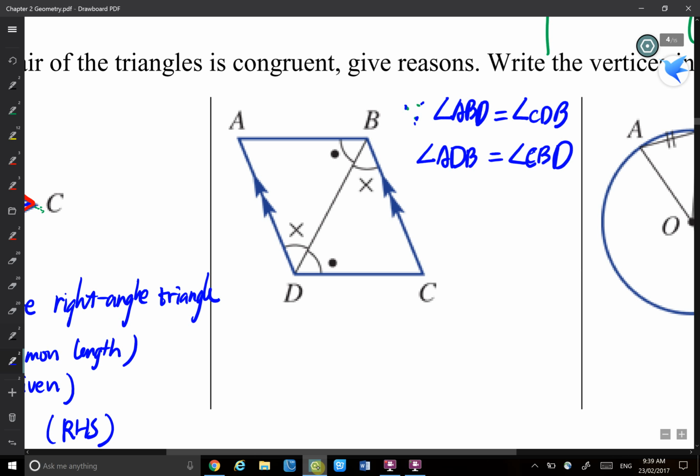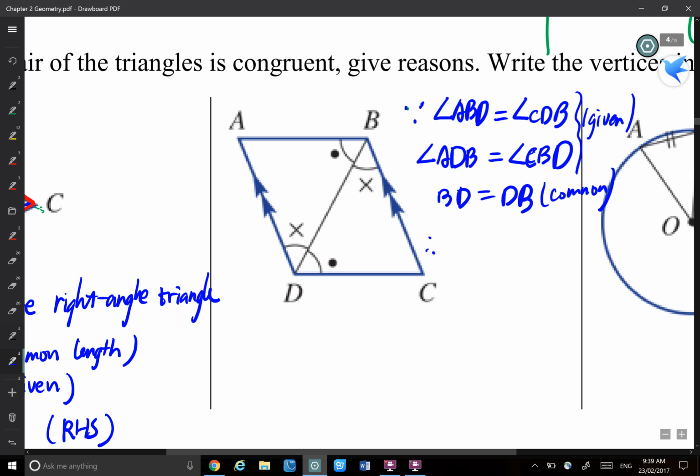Those two pairs of angles are equal. That's given. And also BD equals DB. That is common.